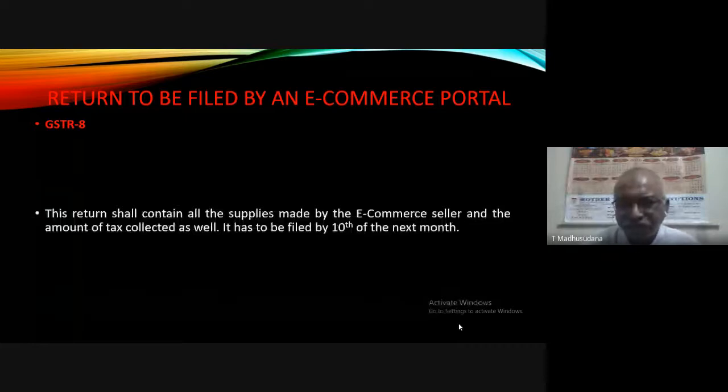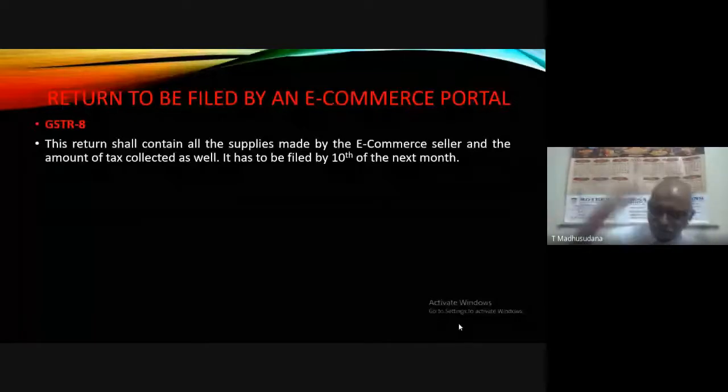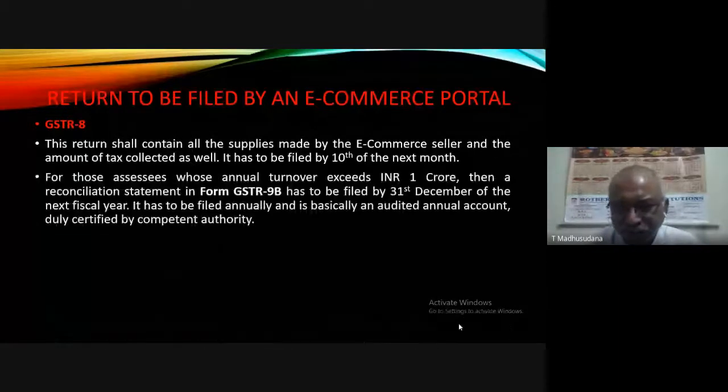This return shall contain all the supplies made by the e-commerce seller and the amount of tax collected as well. It has to be filed by the 10th of the next month. So the due date for this is also the 10th of the next month. All the details are submitted in GSTR 8.